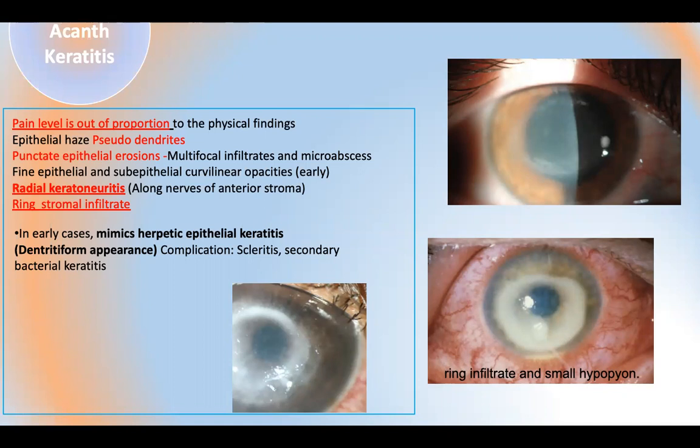There are some characteristic ring stromal infiltrate, radial keratoneuritis, punctate epithelial erosions. It can present early with multiple areas of infiltrates and microabscess, or early like pseudodendrites. And this is when it's progressive and there is hypopyon.